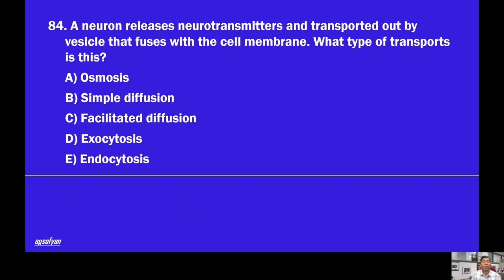84. A neuron releases neurotransmitter and transported out by vesicle that fuses with the cell membrane. What type of transport is this? Osmosis, simple diffusion, facilitated diffusion, exocytosis, or endocytosis? Choose your answer.